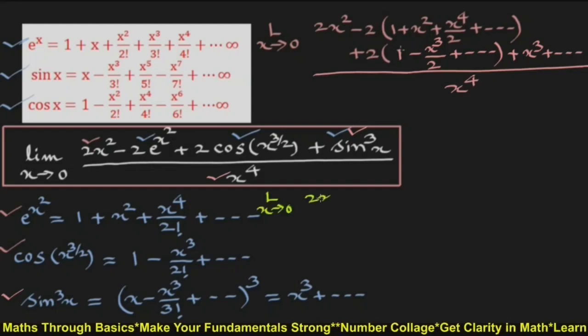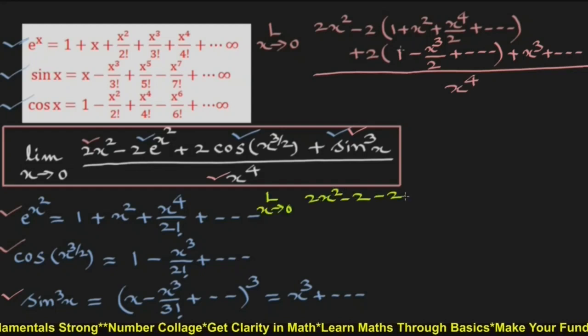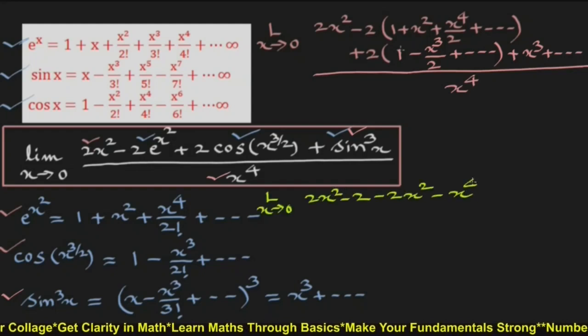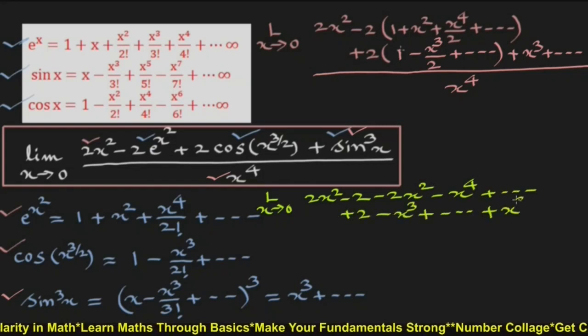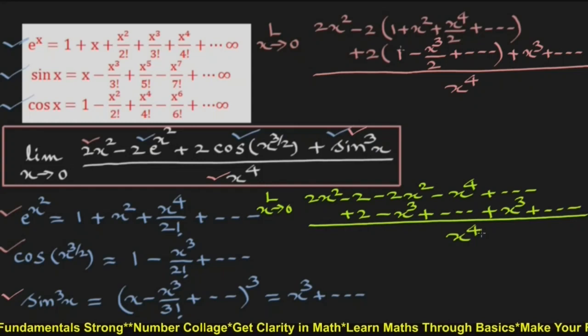This is 2x square minus 2 minus 2x square minus x raised to 4 plus so on and so forth, plus 2 minus x cube plus x cube, upon x raised to 4.